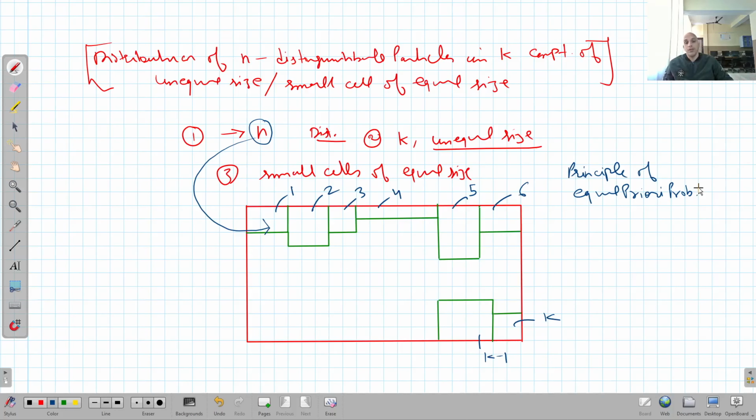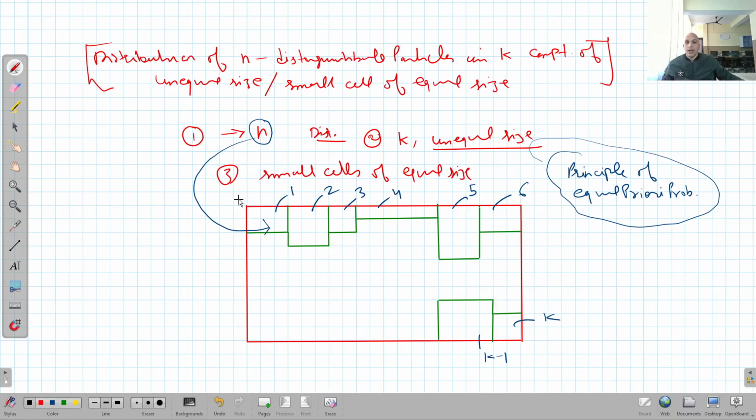But in this particular case, you can see all the compartments are of different size. So when they are of different size, we can't apply this principle of equal a priori probability here, because the size is unequal. In order to apply the principle of equal a priori probability, we have to further divide these compartments into small cells of equal size.